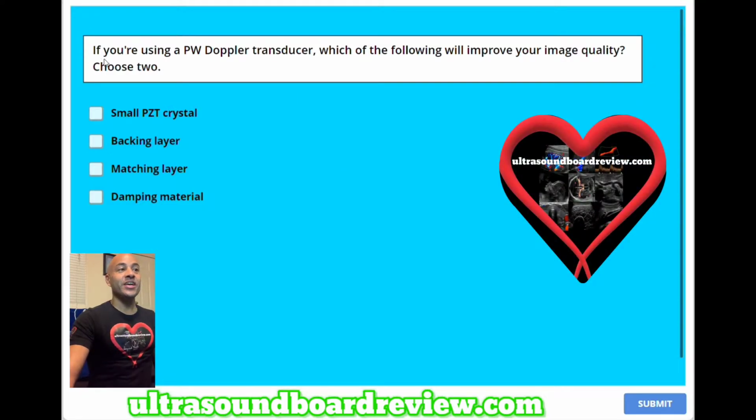Question number 3. If you're using a pulse wave Doppler transducer, which of the following will improve your image quality? And choose 2. Small PZT crystal, backing layer, matching layer, damping material.